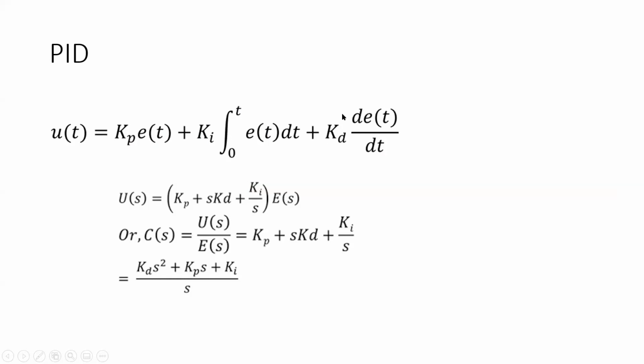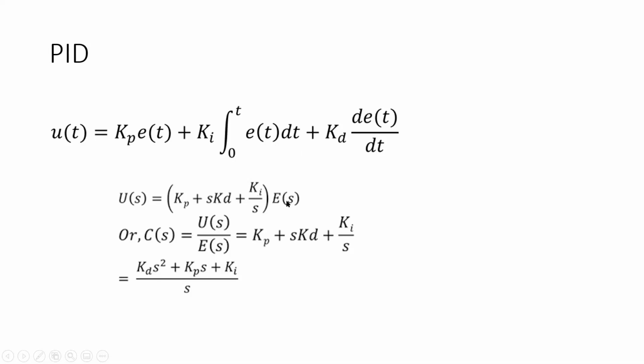And then this term is taking the derivative of the error, that is, the difference between the previous error and the current error over that small time, multiplied by the derivative gain. You add all these things, this is what you get here.